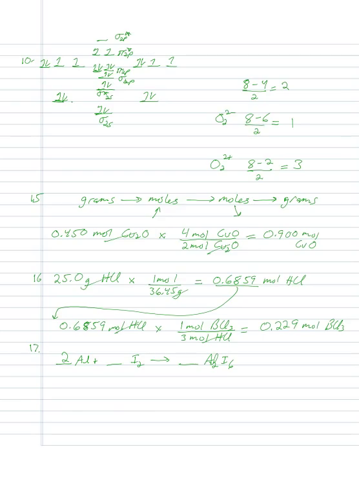Okay, so now my moles of HCl can cancel, and it leaves me with the moles of what I'm looking for, and so we end up with 0.229 moles of BCl3. Okay, so that should be B.